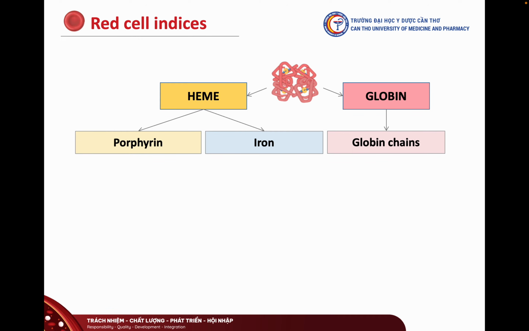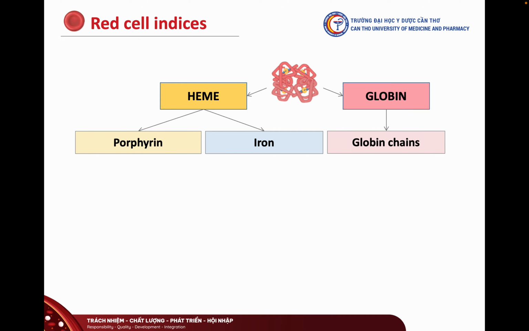Disorders affecting any of these components, iron, porphyrin, or globin chains, can reduce hemoglobin synthesis. And when hemoglobin is reduced, red blood cells tend to be smaller and paler, leading to microcytic hypochromic anemia.